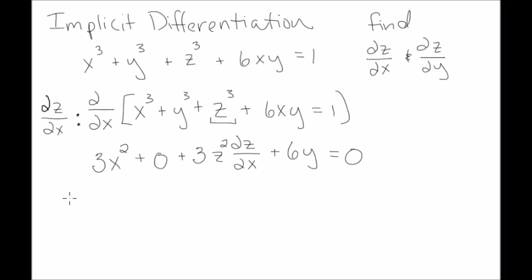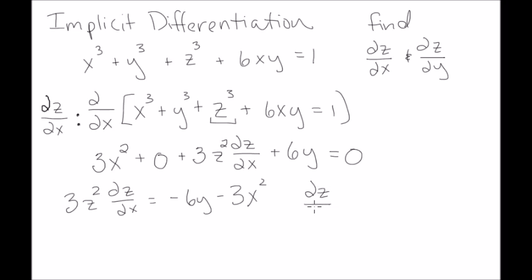I'm going to first move the terms to the other side. I get 3z squared dz dx is equal to negative 6y minus 3x squared. And then I'm going to get dz dx by itself by dividing by 3z squared.